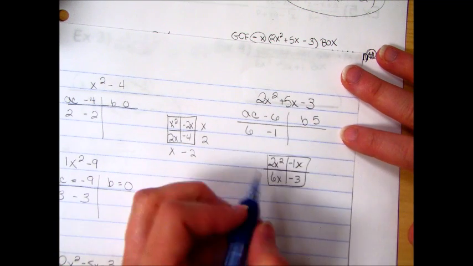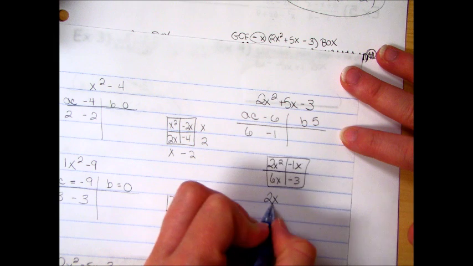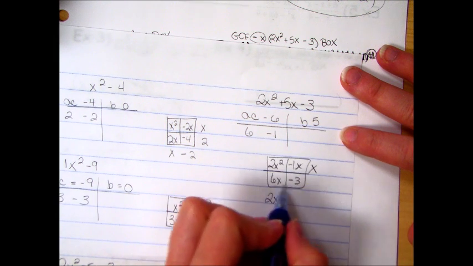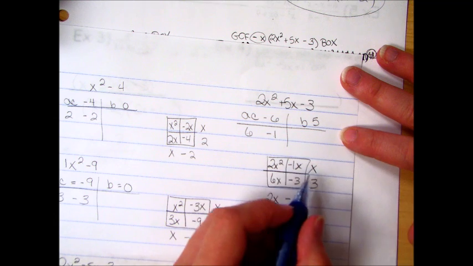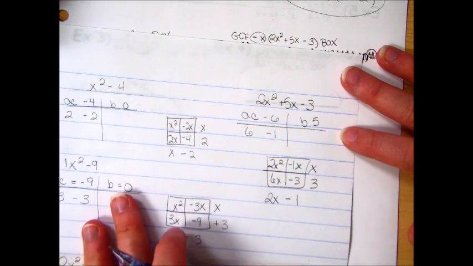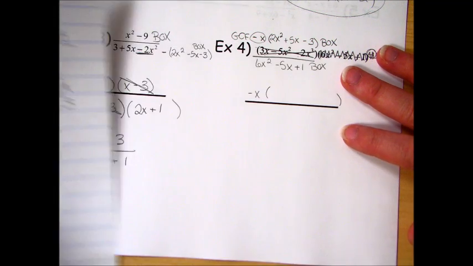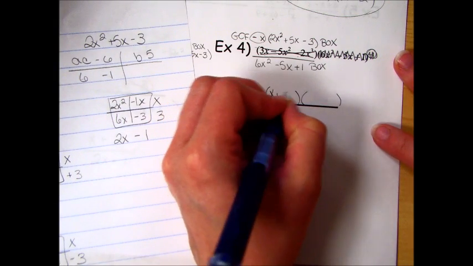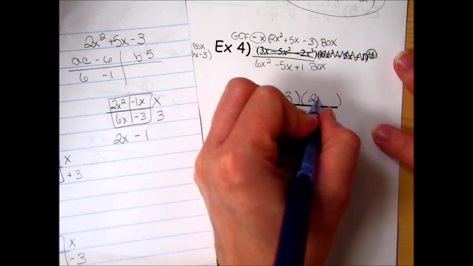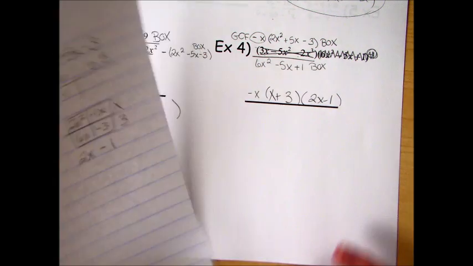Now it's time to find GCF. So the GCF here is 2x. The GCF here of x. GCF here is 3. GCF here is negative 1. So I'm going to have an x plus 3 on the top and a 2x minus 1 on the top.